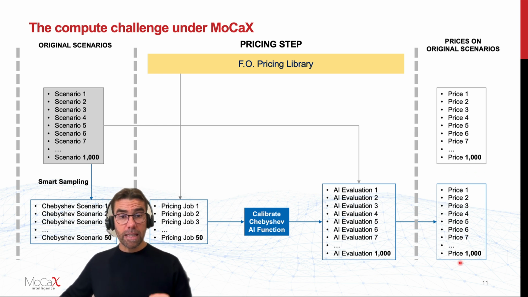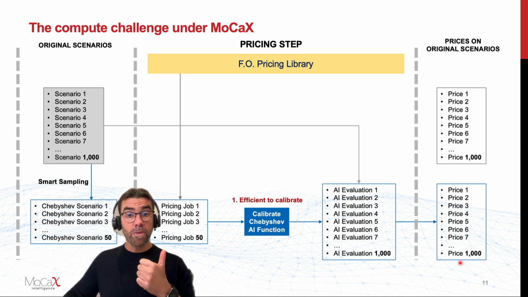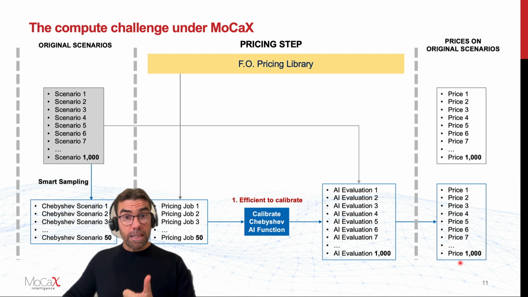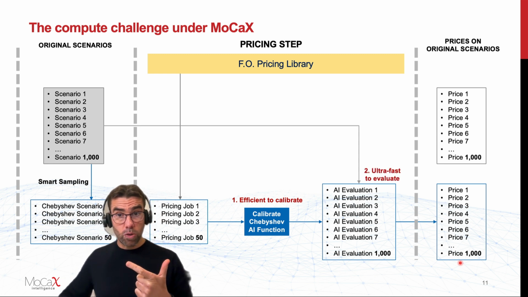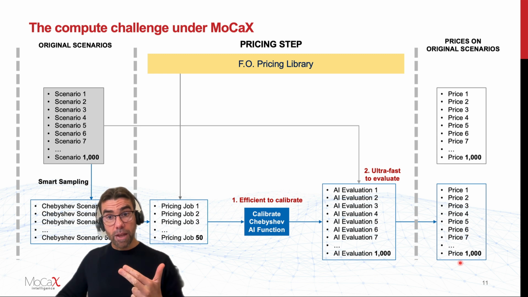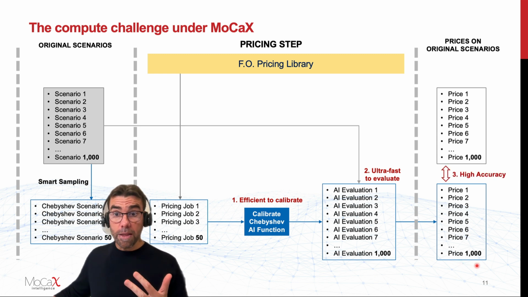The idea here is that this is the right thing to do, as long as, first of all, this method is efficient to calibrate. Secondly, it is ultra fast to evaluate. And third, obviously, there is good pricing accuracy between this vector and this other vector. That's what we are going into.